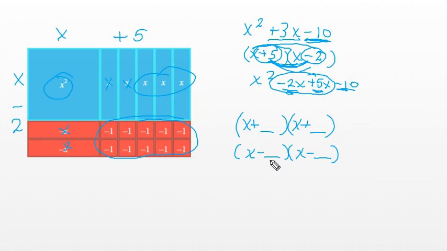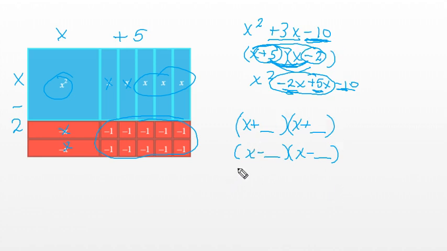I also know that I multiply the last term in each factor to get the third term in my trinomial. So if I'm multiplying a negative by a negative, I'm going to get a positive third term. So if both of these are negative, my second term is going to be negative, but my third term will be positive.